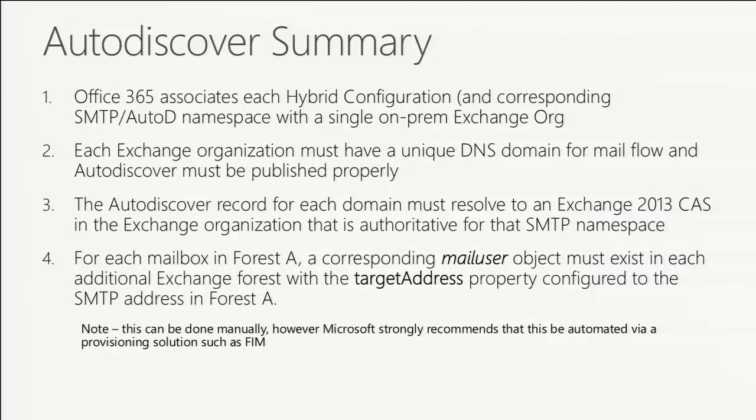And so we want the other organizations in your environment to be aware when a user does move to Office 365, to update that mail user object with the new Office 365 SMTP namespace and the primary namespace or reply address that that user should have associated. So there is some custom logic that we require in your provisioning system or your directory synchronization solution that's going to keep the required attributes up to date across all users inside the org.